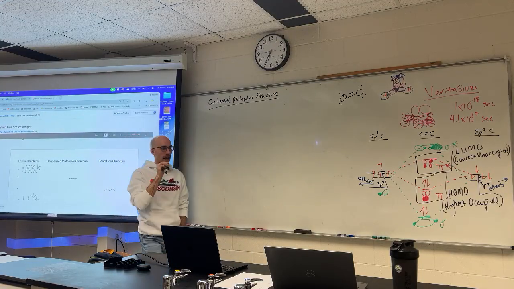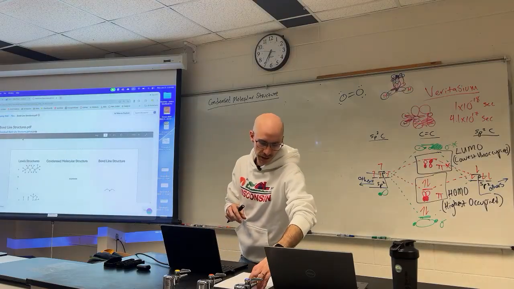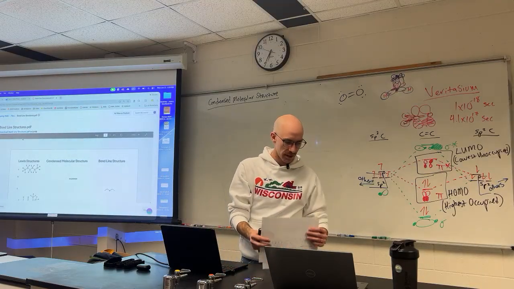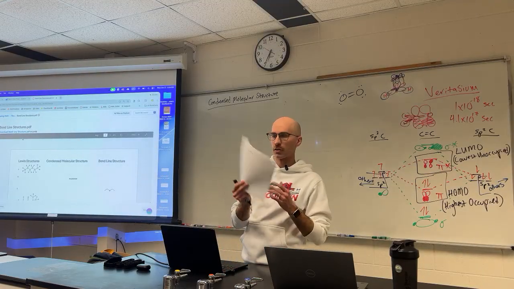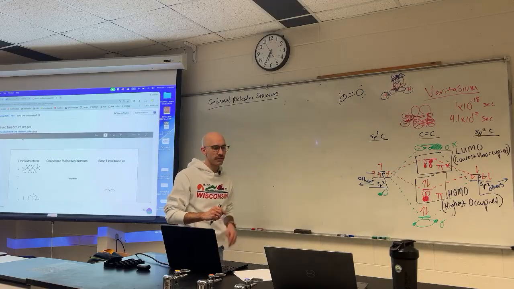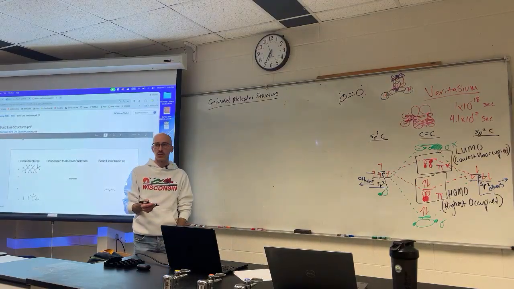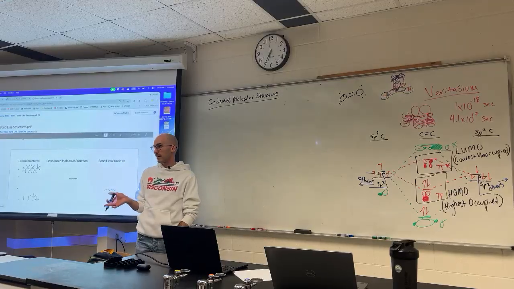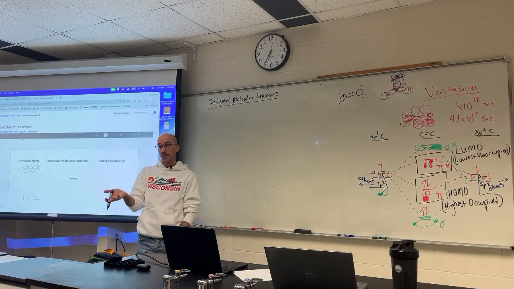So actually, let's take this first example on your worksheet, molecule number 1 at the top under Lewis structure. This is hexane. It has 6 carbons. The Lewis structure is given to you. You're welcome. I didn't have you draw that one because it is tedious. Do you agree? There's a lot going on.